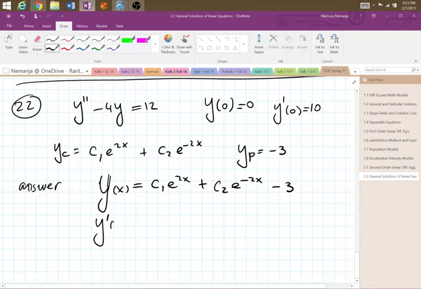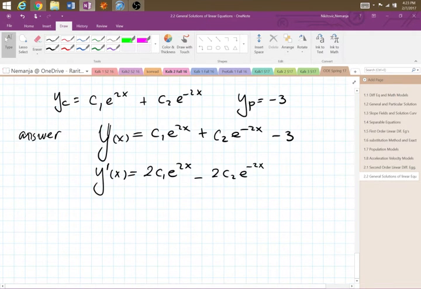All right, and we need the derivative of this puppy. So y prime is equal to 2c1 e to the 2x minus 2c2 e to the negative 2x, and that's the end because the derivative of negative 3 is 0.